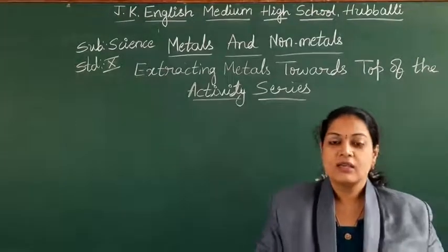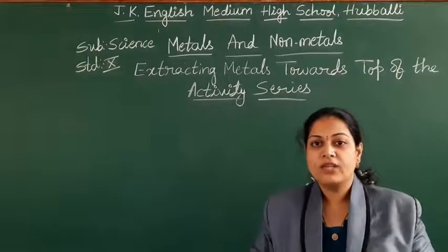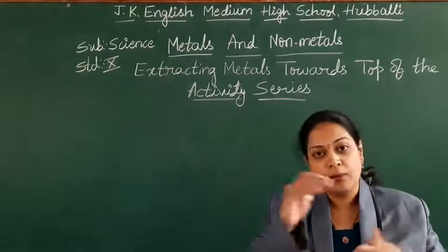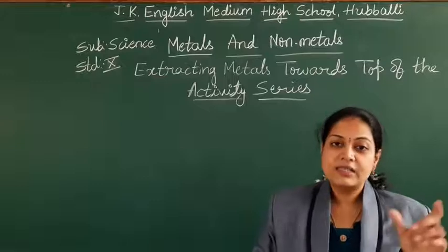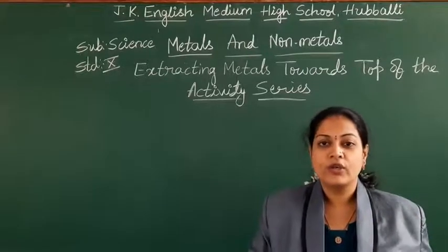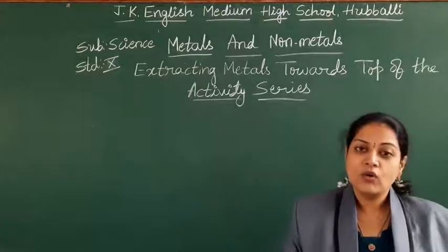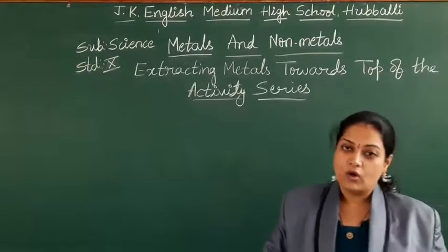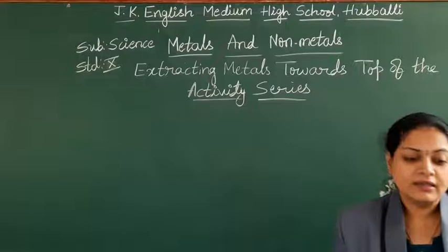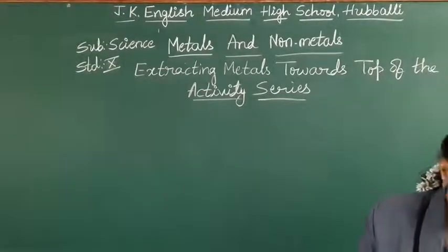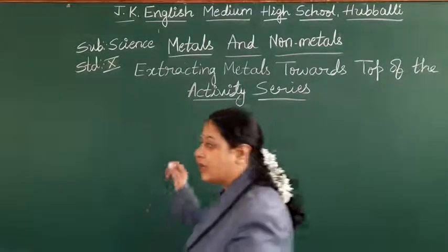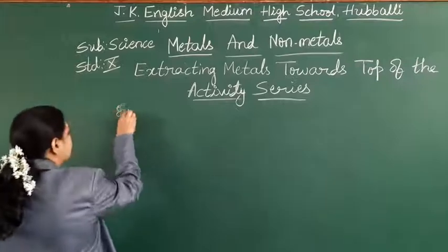Because sodium has more affinity towards oxygen compared with carbon. So in such cases, you cannot use any type of reducing agent. Then how to extract? For extracting metals with high reactivity, we have to go for electrolytic reduction.